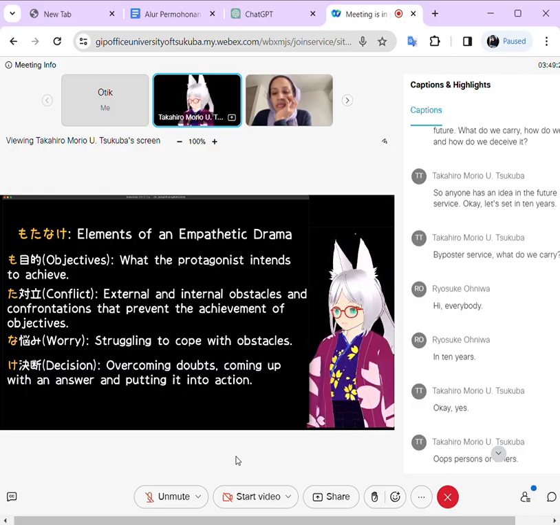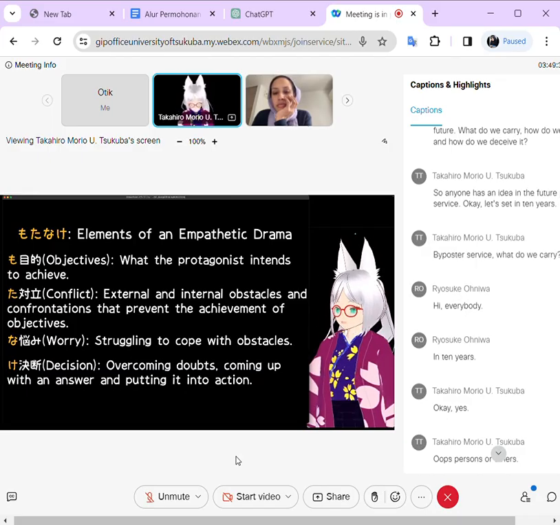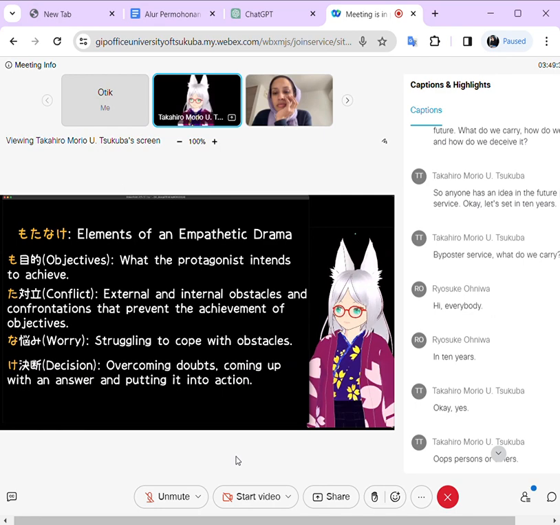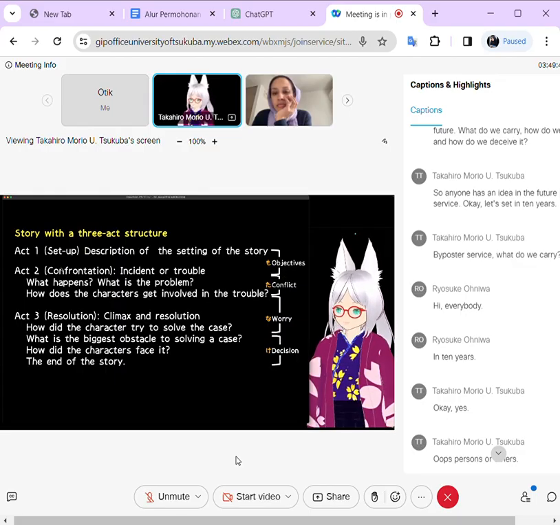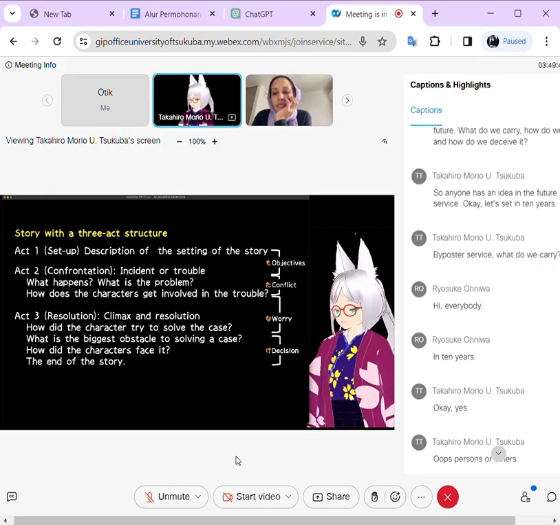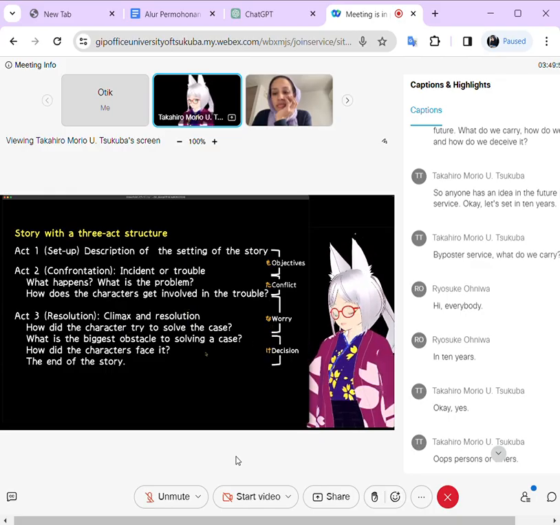So in these four elements, compared to a three-act structure, the objective phase corresponds to Act 1 and Act 2, conflict corresponds to Act 2, the worry phase corresponds to Act 2 and 3, and decision to Act 3.